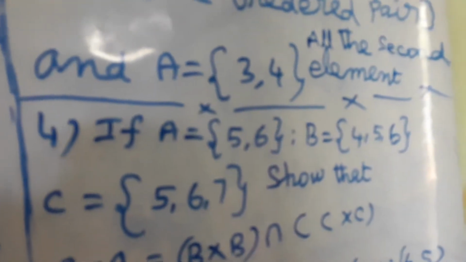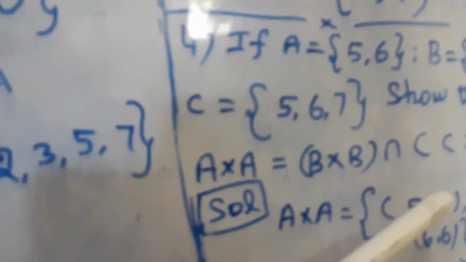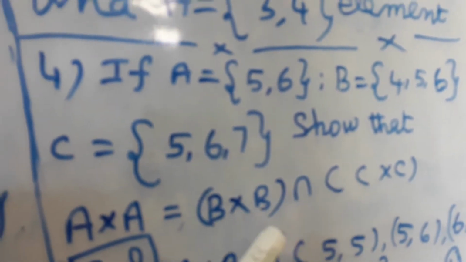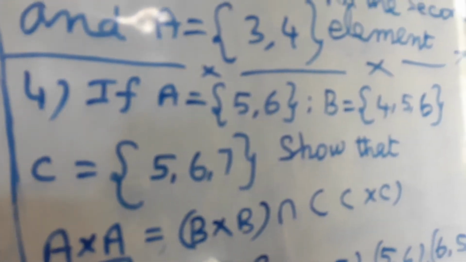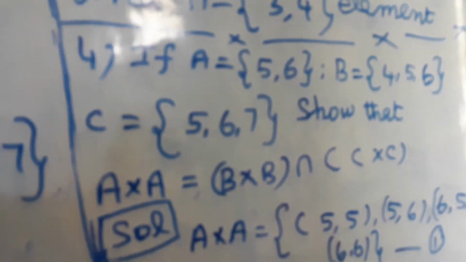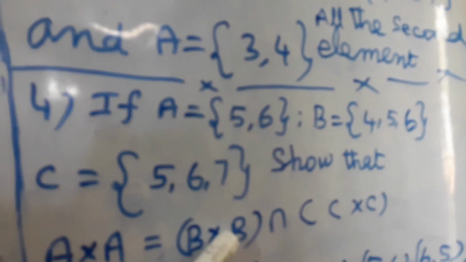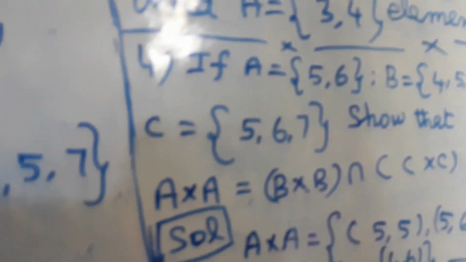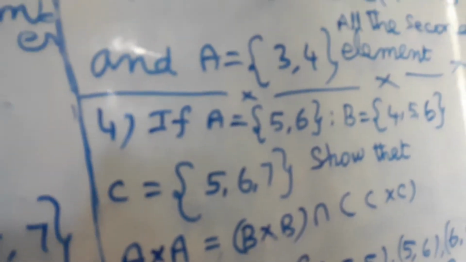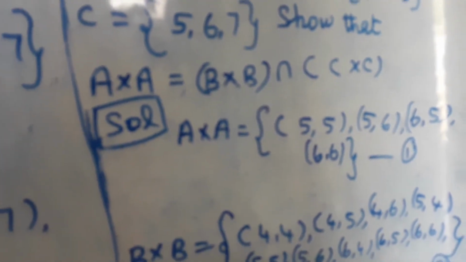We first build A cross A, then B cross B, then C cross C, then B cross B intersection C cross C. Intersection means the common elements. We find the common elements between B cross B and C cross C, then show that A cross A equals B cross B intersection C cross C.